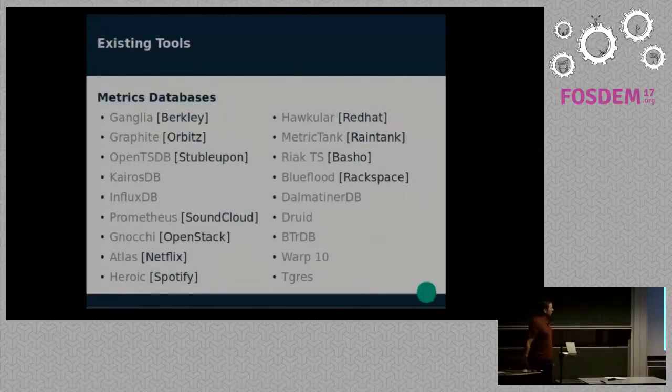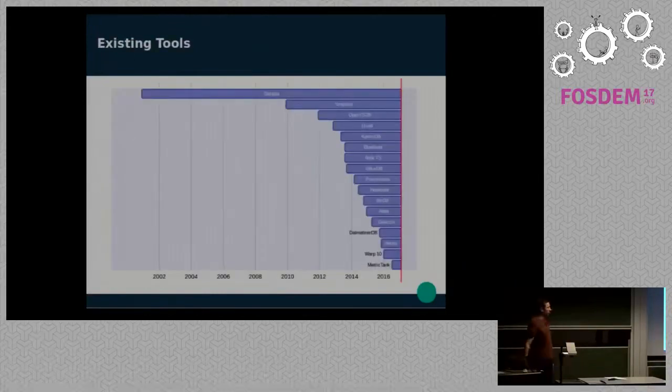So I thought, well, when did all this start happening? I'm sure some of you might see where this is going, but I drew this chart of when all these databases started appearing in the world. And bear in mind, these are only open source ones as well, because that's the field I'm primarily in. So in 2000, Ganglia has been around a long time, been able to draw you graphs for a long time.